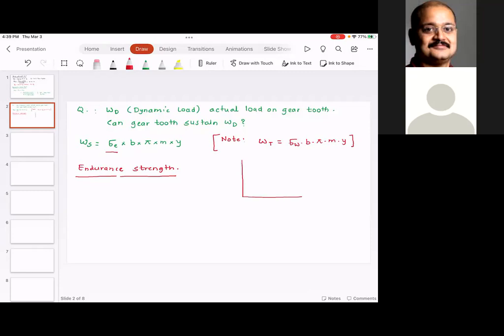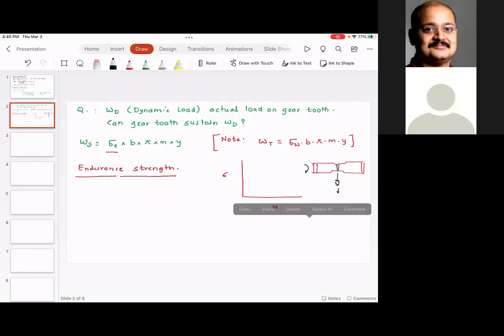You might have studied this concept of fatigue strength, like the SN curve, wherein you have sigma and the number of cycles. You have a specimen that is loaded, and you gradually increase the load, in other words the stress, and find the number of cycles it takes for the material to fail.